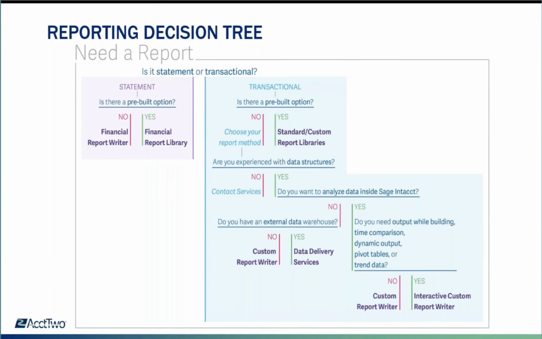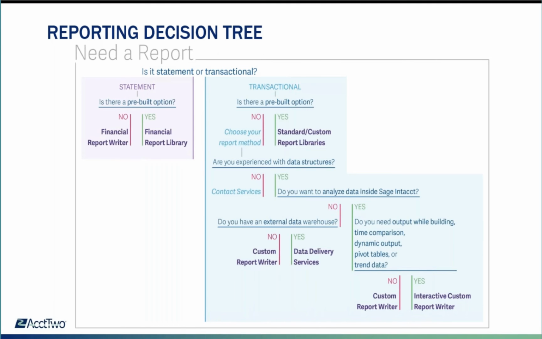Well, the first question you should ask yourself is, do I want a financial statement or do I want a transactional listing? So if you want a statement, then you're likely going to go to the financial report writer. And inside the financial report writer, there is a financial report library with pre-built reports, or you can create your own.